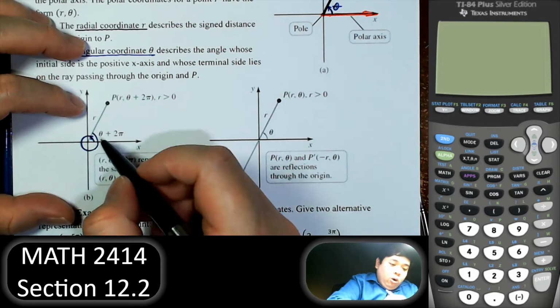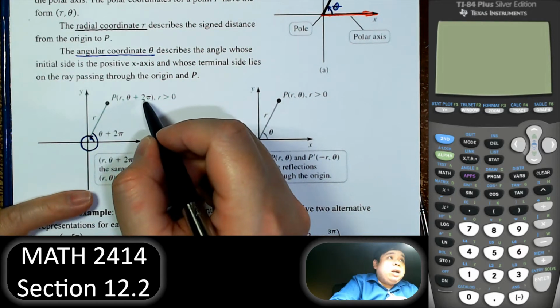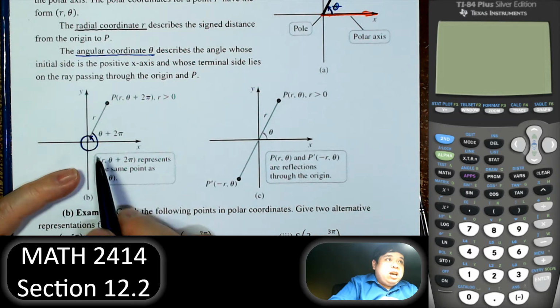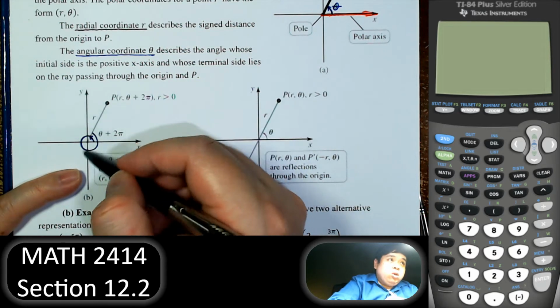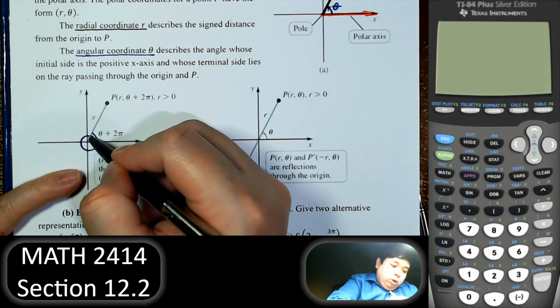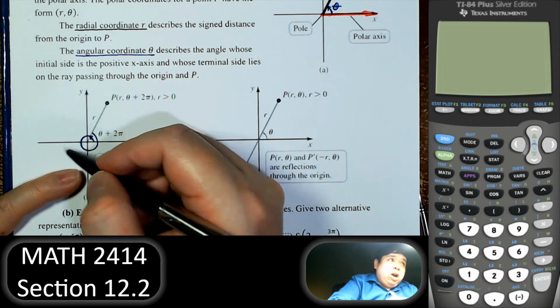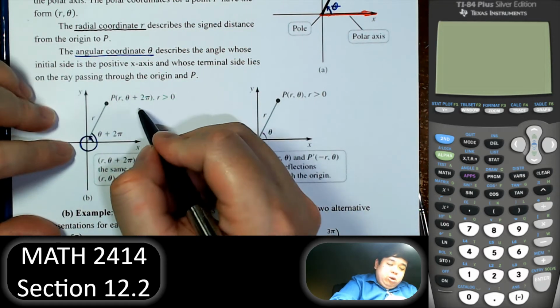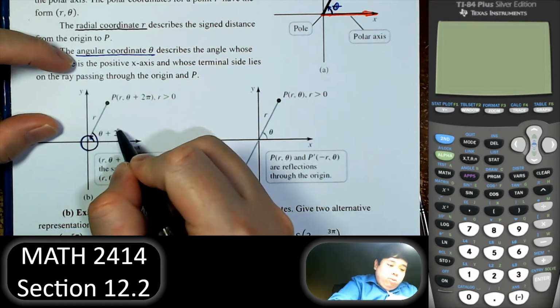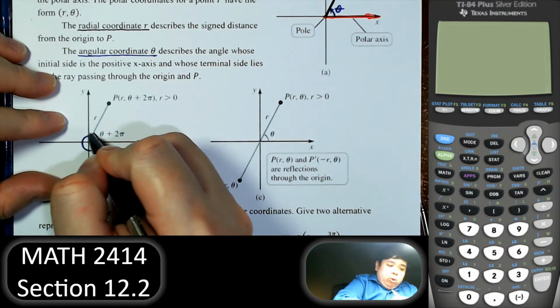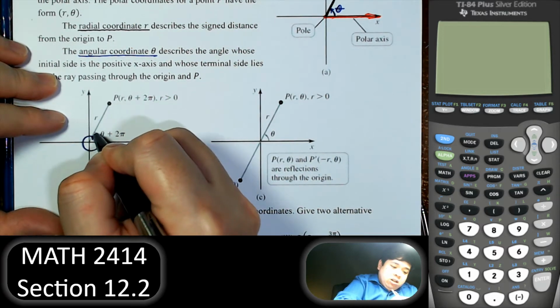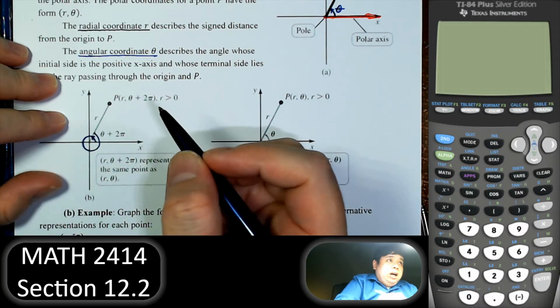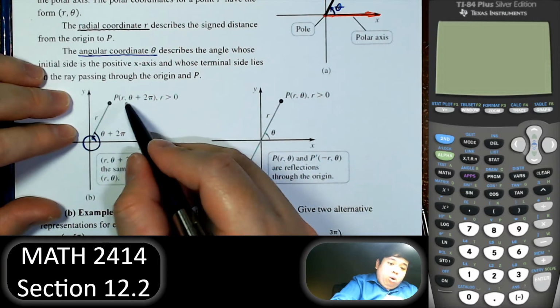Every time we go an extra revolution, that's 2 pi, we still have the same terminal ray, so we have coterminal angles. To get coterminal angles, we add 2 pi to it. So we can go around and around and around. As long as we stop on the same ray, the point will be the same.